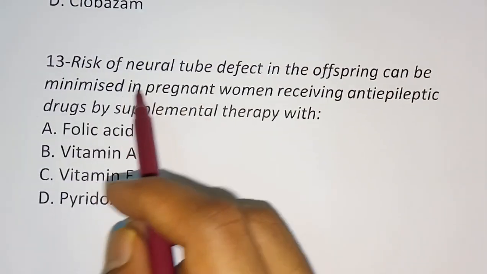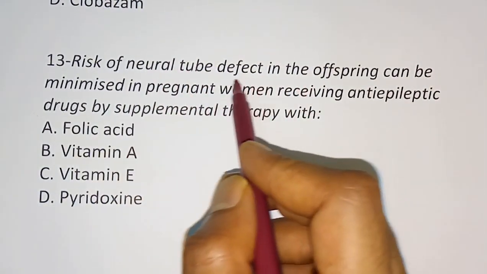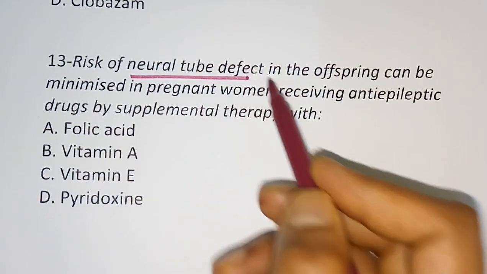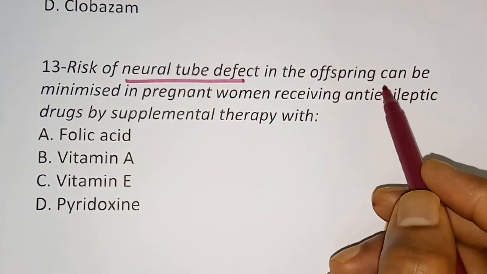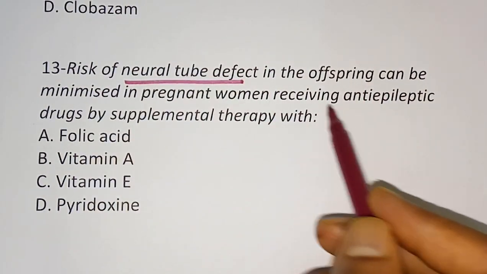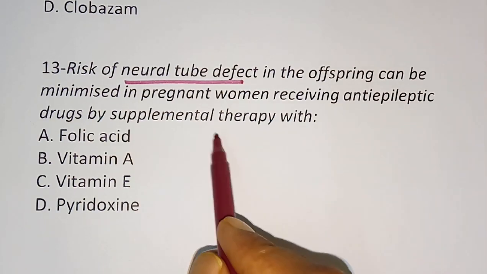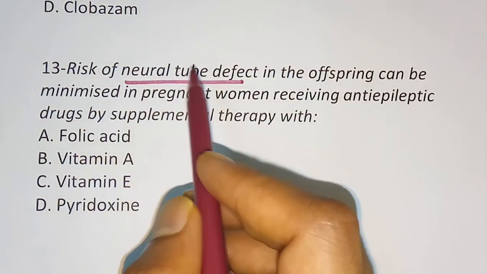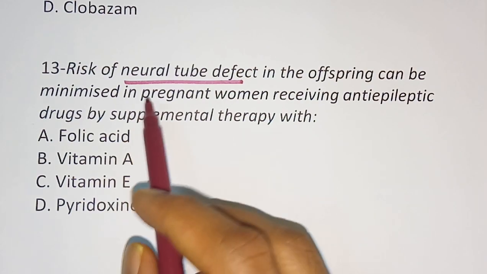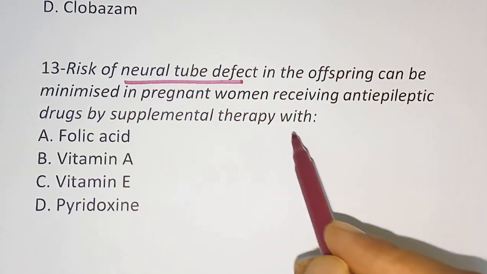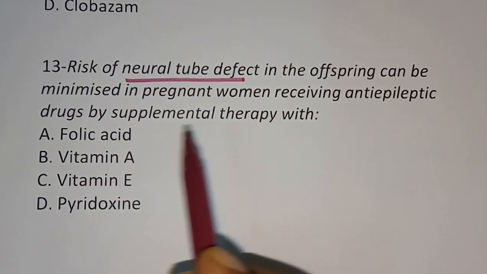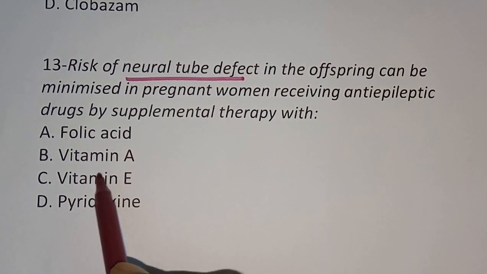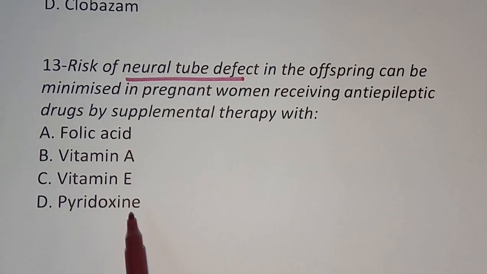Question number 13. The risk of neural tube defect in the offspring can be minimized in pregnant women receiving antiepileptics by supplemental therapy with: folic acid, vitamin A, vitamin E, pyridoxine.